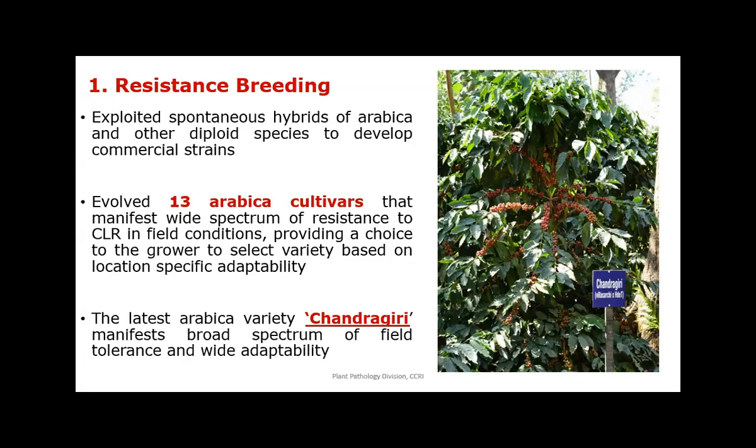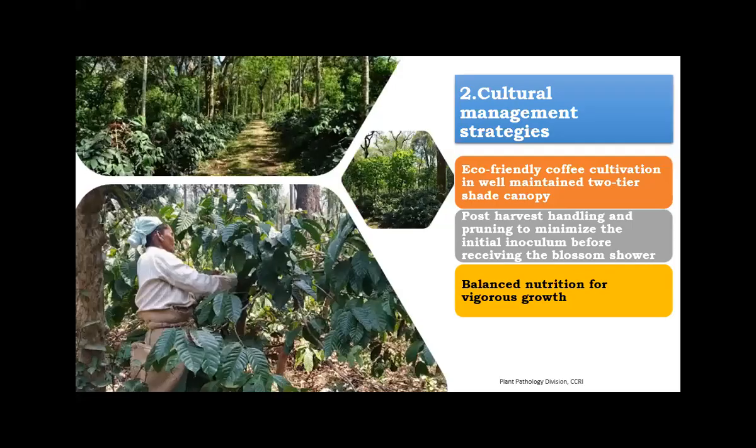And the grower has a chance to select a variety based on location specific adaptability. And of course, the latest Arabica variety, popularly called Chandragiri or Selection 13, manifests broad spectrum field tolerance, and it has wide adaptability.